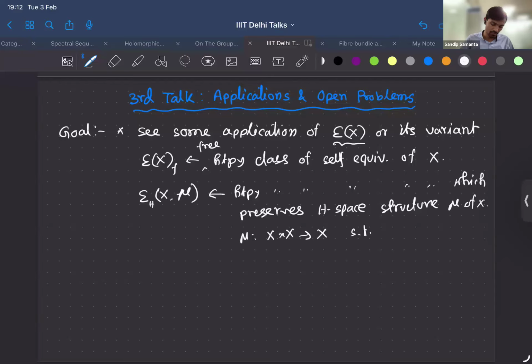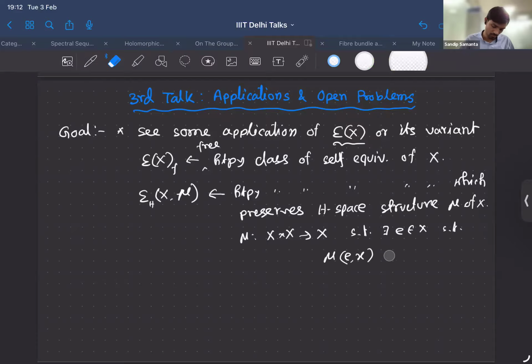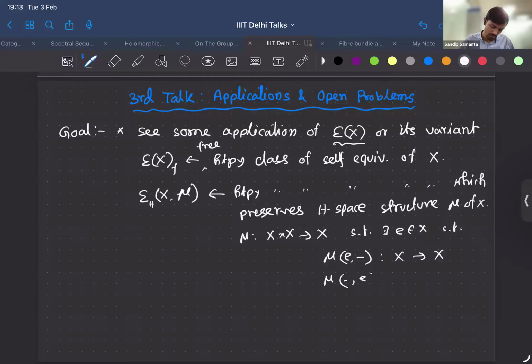such that there is a point e in X such that mu(e, -) as a map from X to X, or mu(-, e) from X to X, are homotopic to the identity map of X. This is important when you study any H-space.